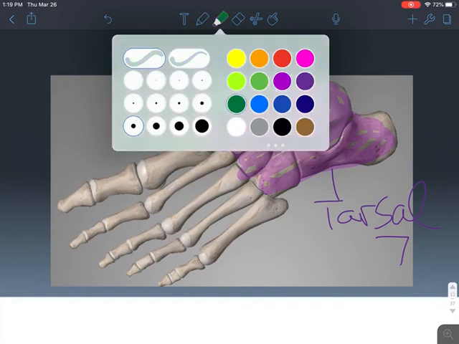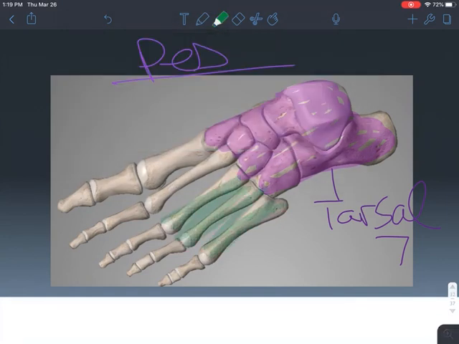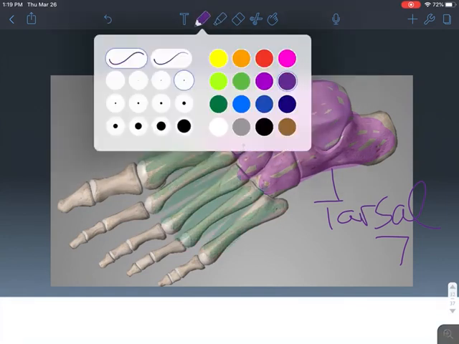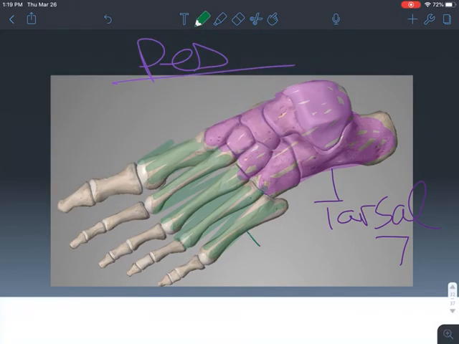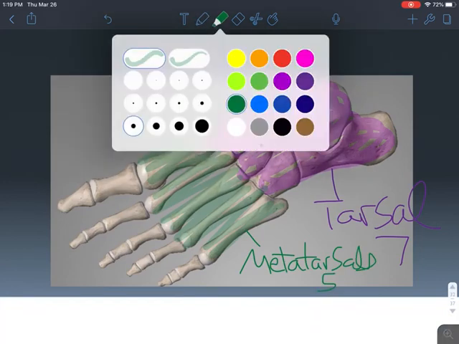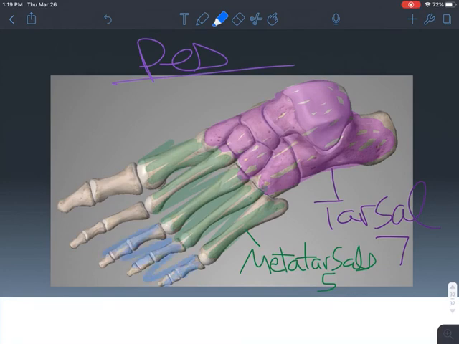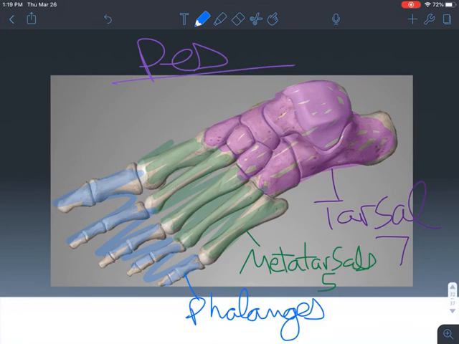And then you have these bones right here, and those are called your metatarsals. And then you have 5 of those. And then, just like in the hand, you have your phalanges. And you have 14. Okay, 14.